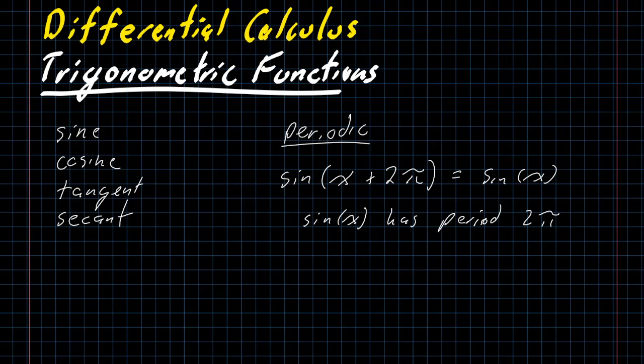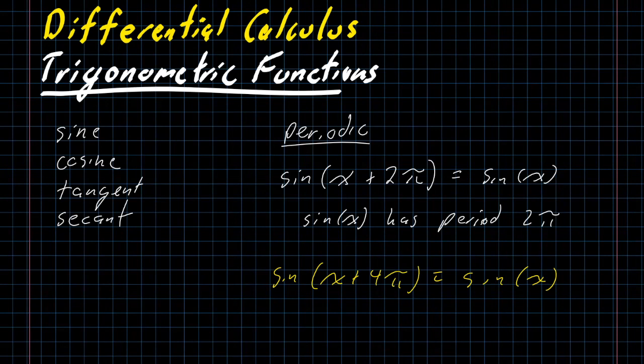One of the interesting things about periodic functions, depending on how you define the vocabulary, is that because it is true that sine of x plus 2 pi is equal to sine of x, it is equally true that sine of x plus 4 pi is equal to sine x, right? 4 pi is just 2 pi twice.